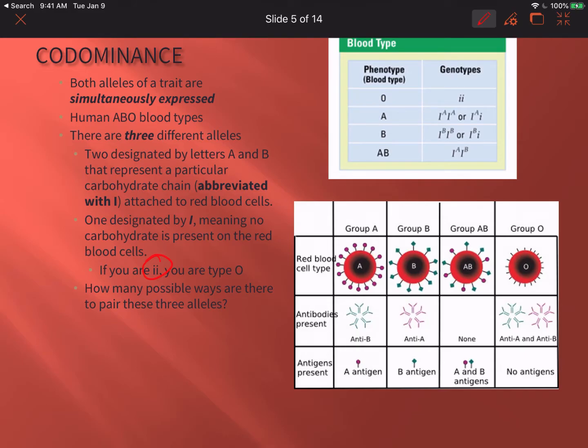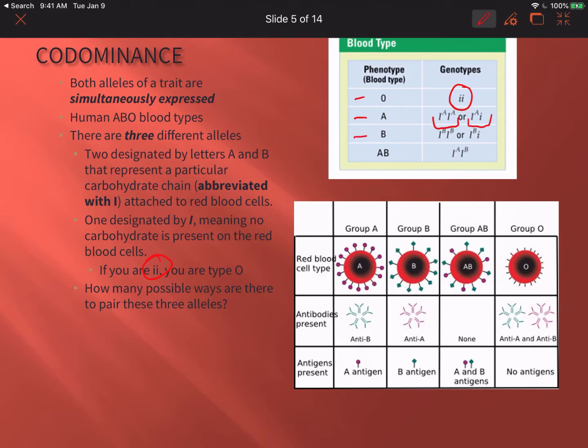All right, and so if we look at these, how many possibilities do we have in terms of blood type? Well, we have type O, which is no carbohydrate chain. We have type A, which can either be homozygous for A, or heterozygous. You can be A on one of those alleles, but on the other you could have no representation of a carbohydrate chain, which would essentially be a parent that was type O blood.